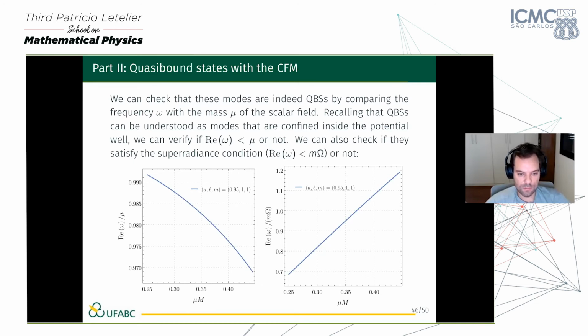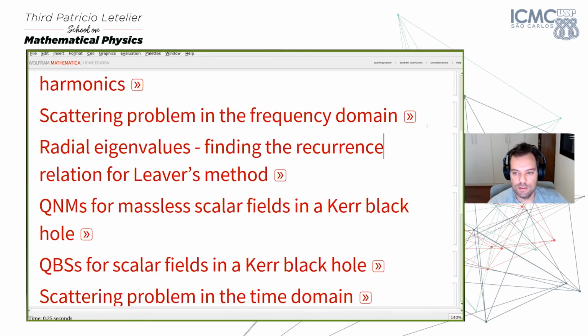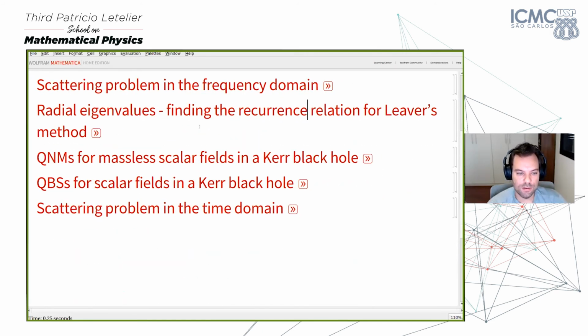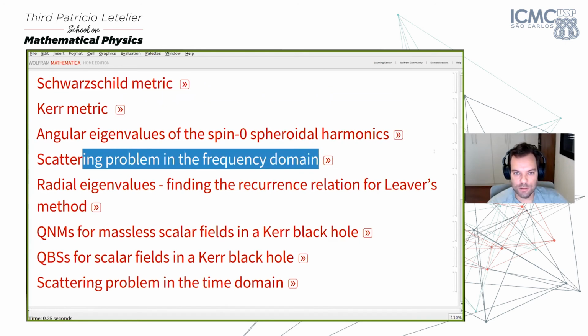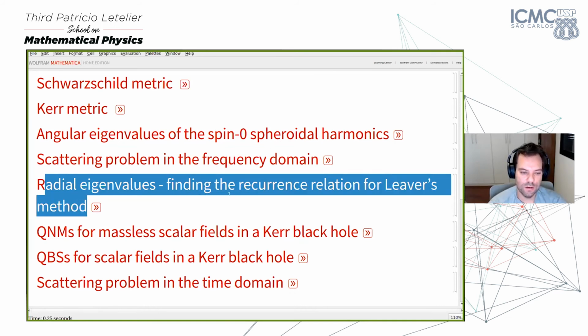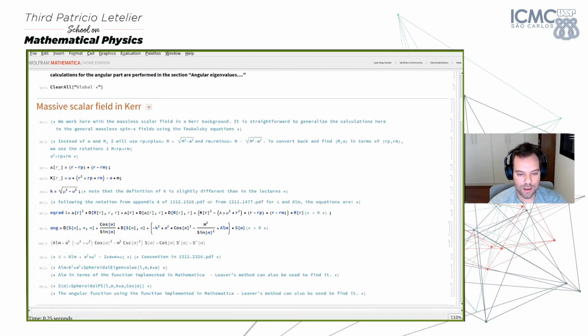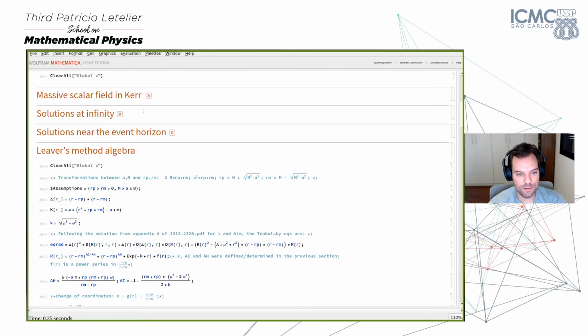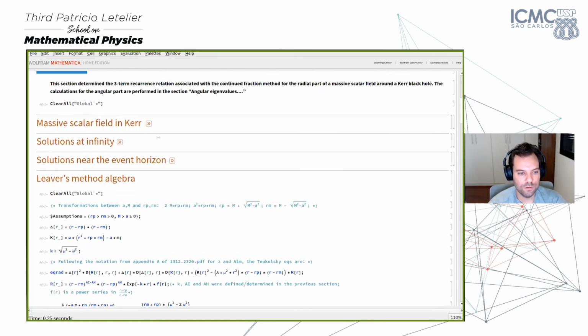All right, so just very quickly, maybe you can see it now, this is in these other sections of the notebook. The scattering problem was what we just talked about, and then you have the radial eigenvalues. This one is again heavily commented.